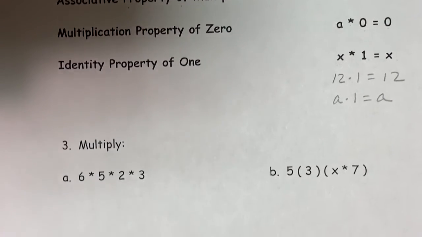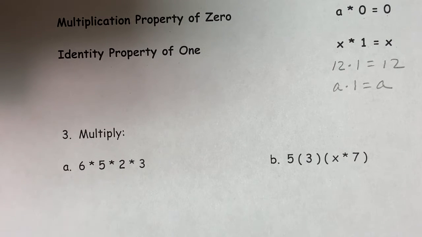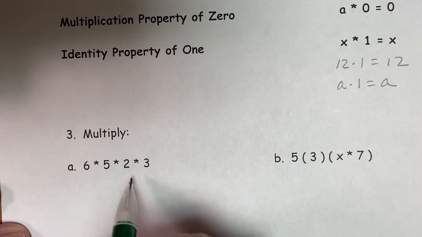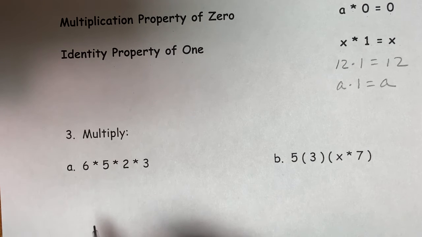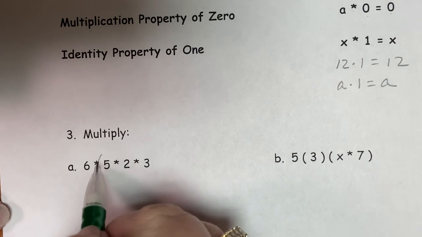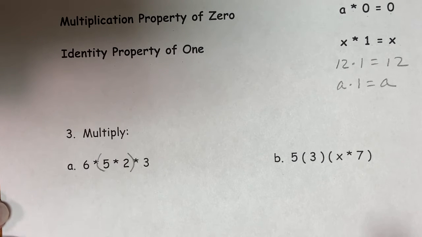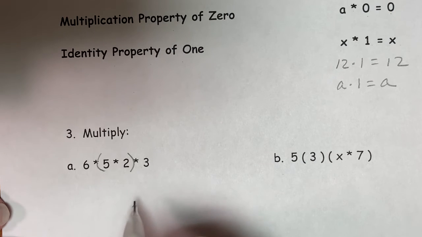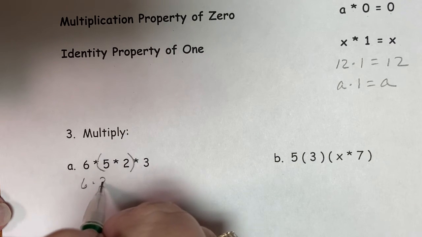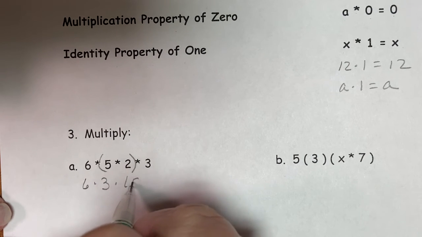So let's go ahead and do some multiplication. Again, order doesn't matter, or how I group these doesn't matter, because it's multiplication. So for example, I'm going to group those 2 things together. Now I'm just going to change the order. So I'm going to do 6 times 3 times 5 times 2.